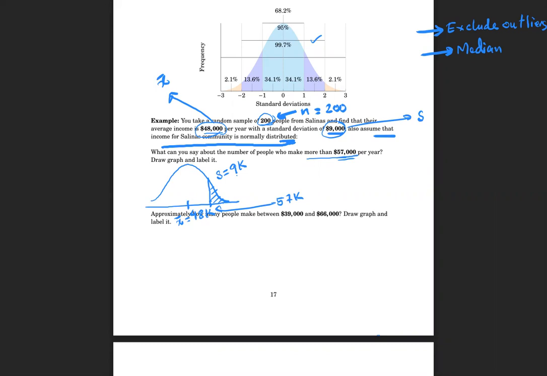Okay. Now let's use a different color so that you can see it better. First of all, how far are you moving to the right? 1 standard deviation. What if you also moved 1 standard deviation to the left? That would be 48 minus 9, which is 39, okay? Then what percentage of the data would you include between these two green points?